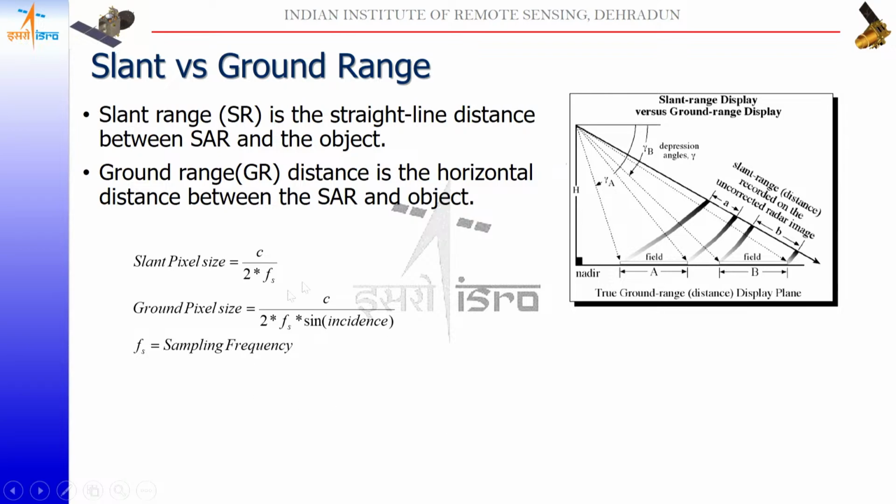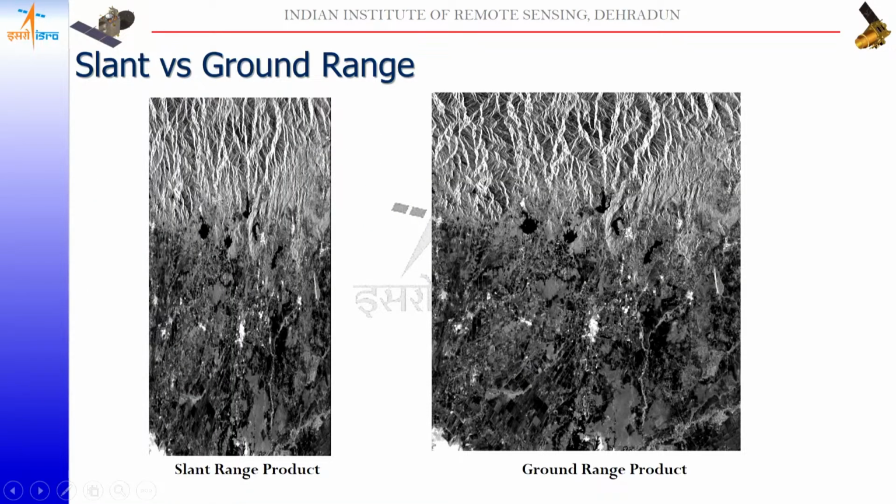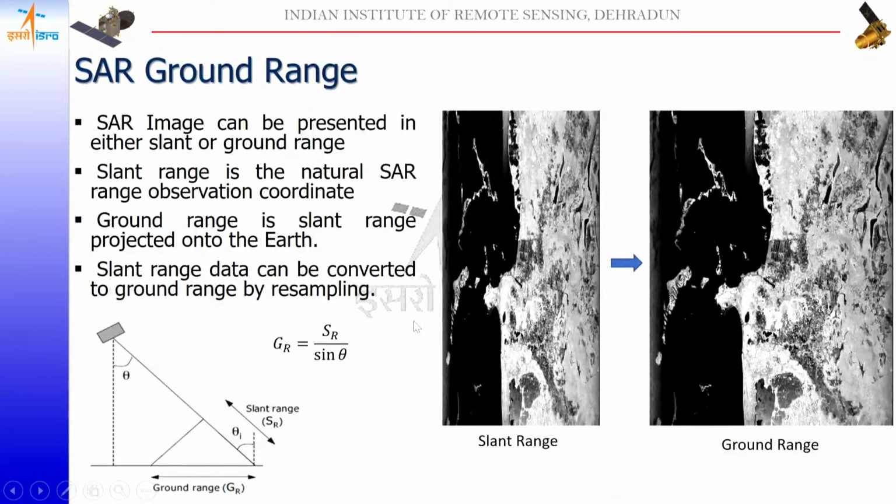By using this conversion factor, we are doing a little bit of geometrical correction in the SAR image. Here also you can see this is a slant range image, and this is the ground range image. Nowadays the sensor will provide the data either in the slant range or the ground range. If you are doing polarimetric and interferometric applications, the data is given in the slant range geometry, the SLC image type.